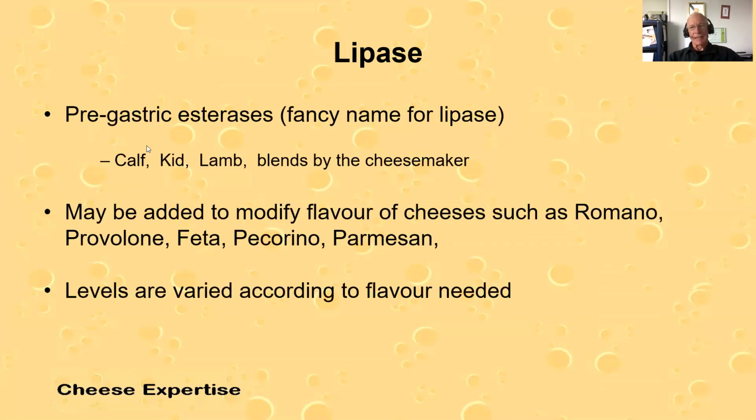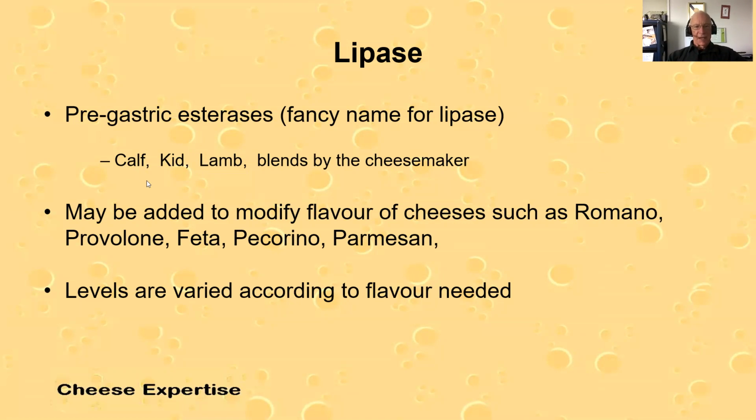So those pre-gastric esterases, with the fancy name for lipase, are extracted from, I believe, a gland at the base of the throat. When the animal suckles milk from the mother, that stimulates the release of the lipase into the milk stream and helps break down the fat for the nutrition of the animal.